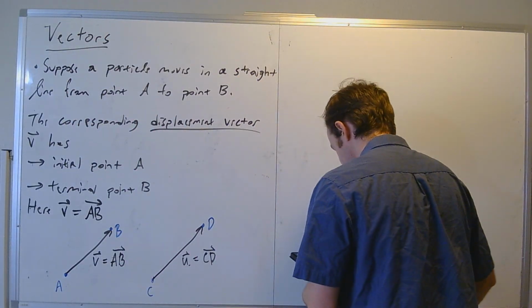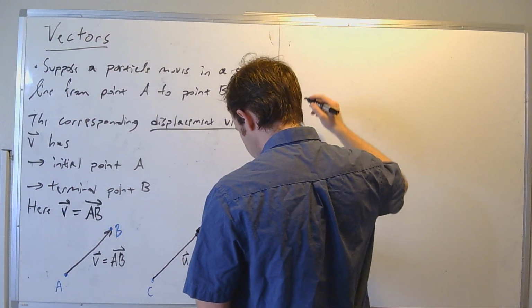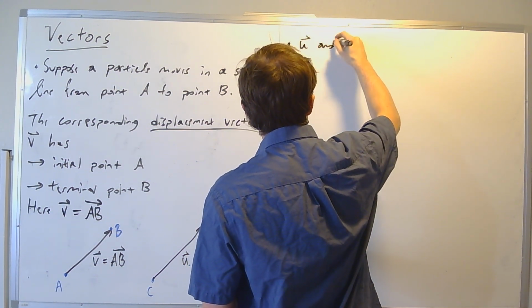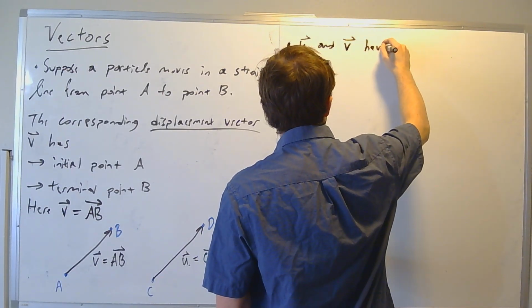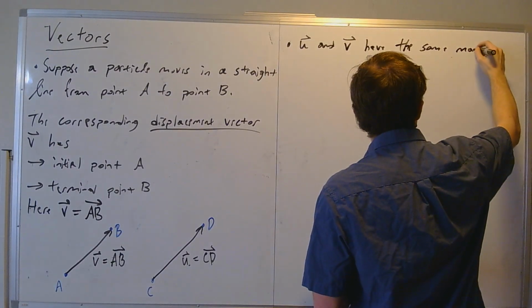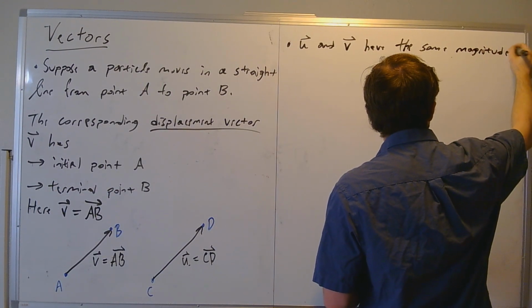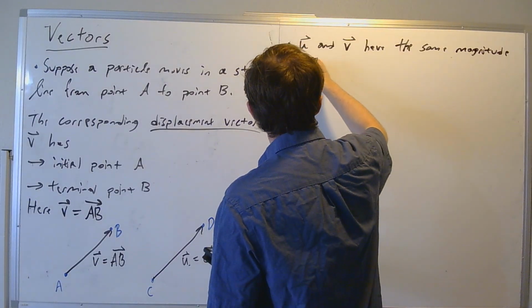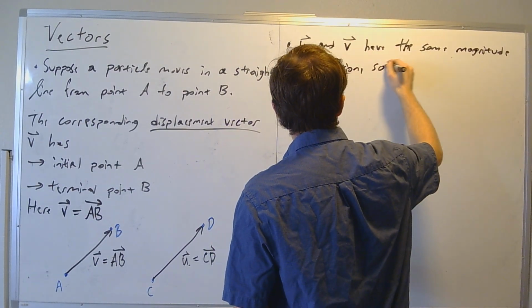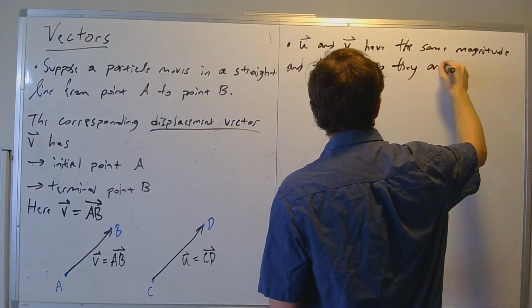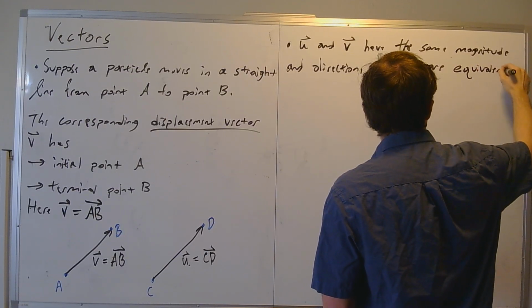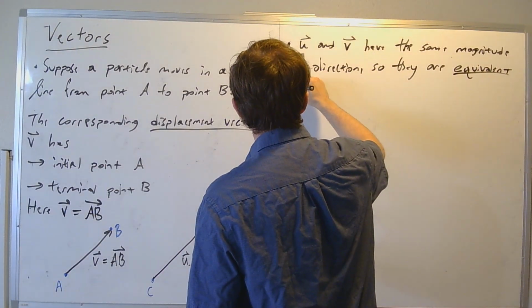So I'll say here, u and v have the same magnitude, meaning the length, and direction, so they are equivalent vectors.